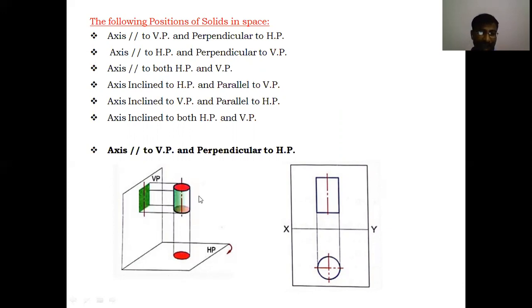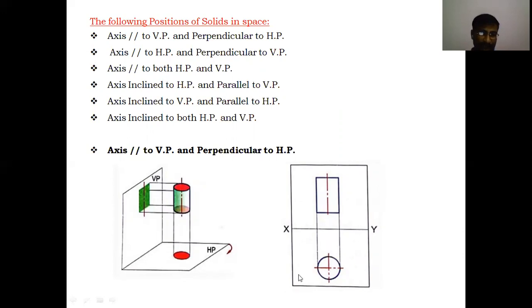Okay. Whenever the solid position is like this, we should draw the top view first, because the circle is visible from the top side. So first draw the circle, which is projected onto the HP, below the XY line.